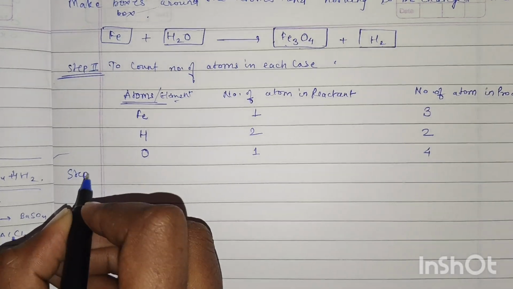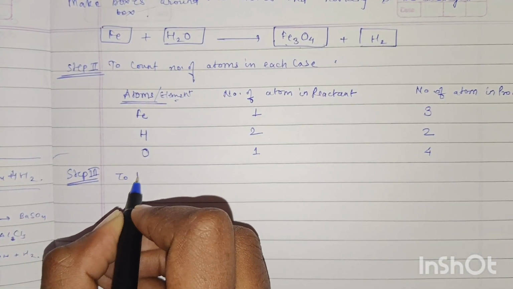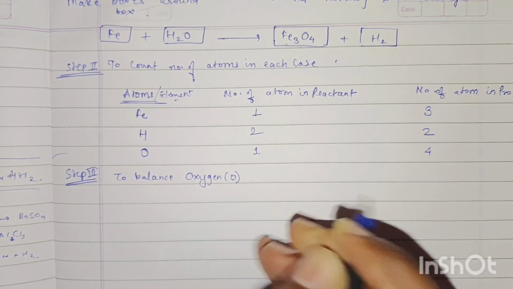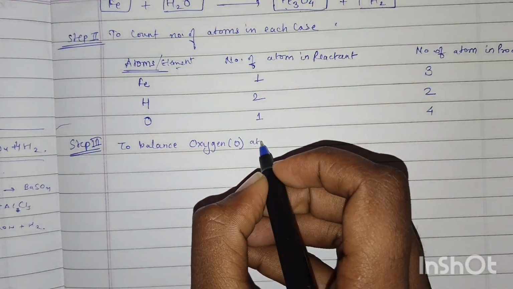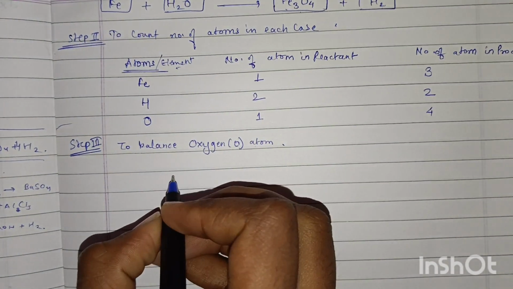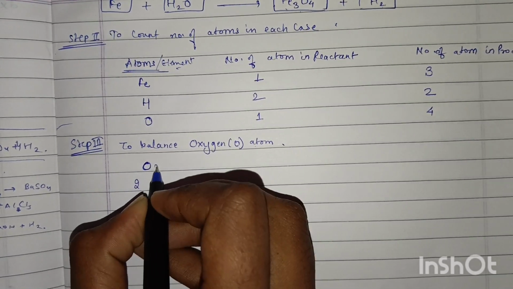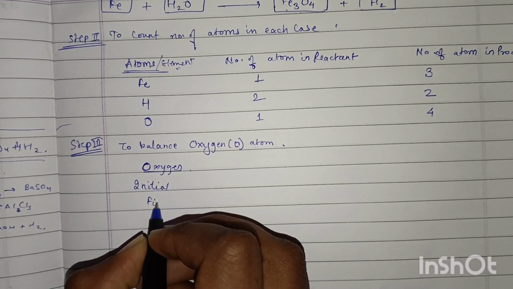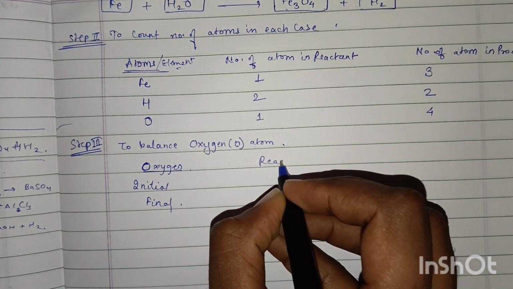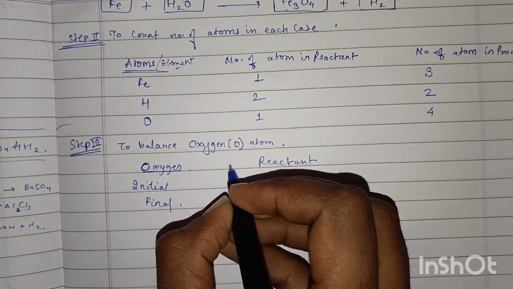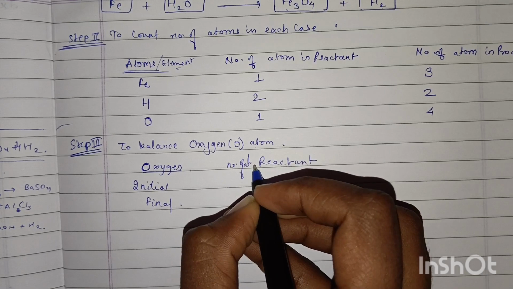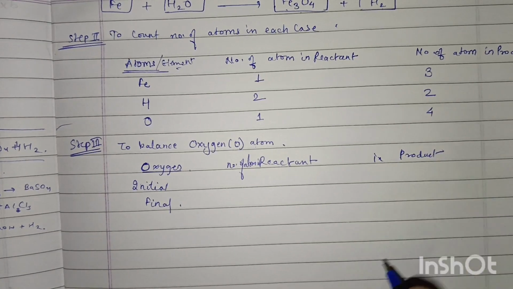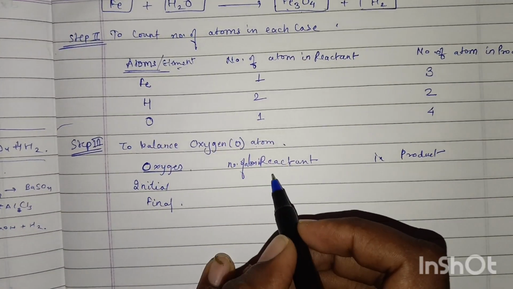Okay, so step 3, to balance oxygen. Okay, to balance the oxygen atom. Initially, the number of atoms in reactant and in product was 1 and 4.